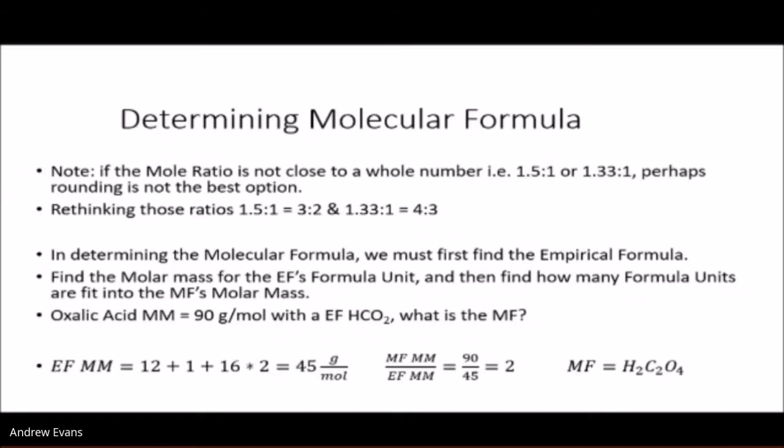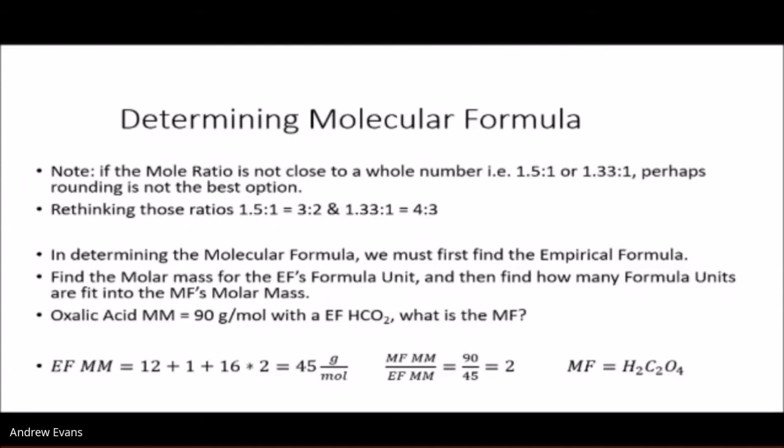Now, I have a quick note up here. If the mole ratio is not close to a whole number, don't just round it, especially if it's an obvious fraction. 1.5 to 1. Typically in math, we would round 1.5 up to 2. But 1.5 is pretty close to a 3/2 ratio.